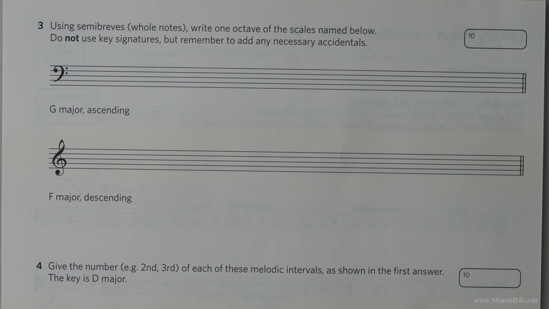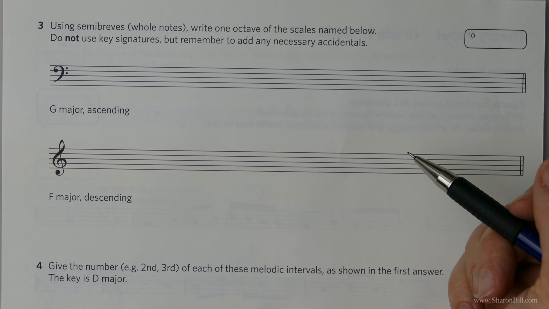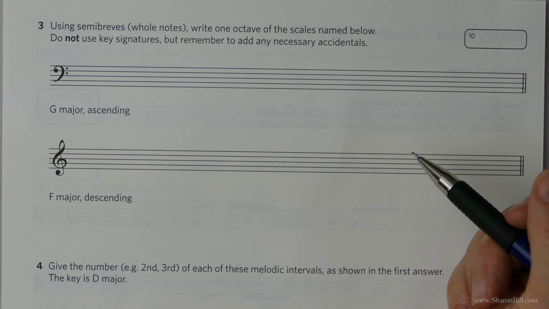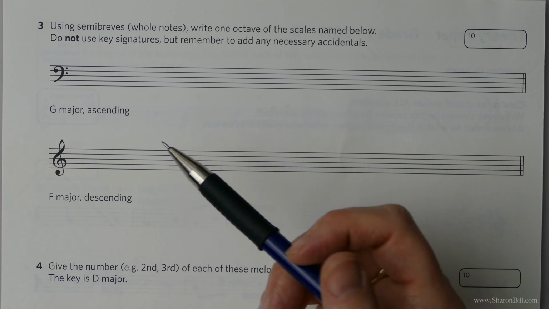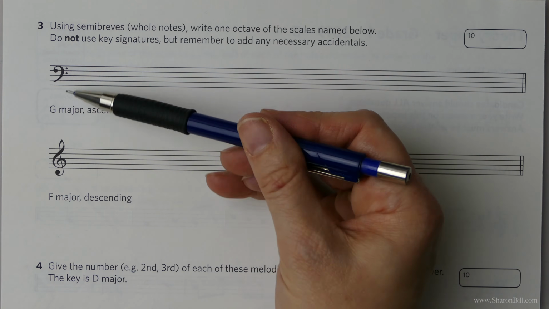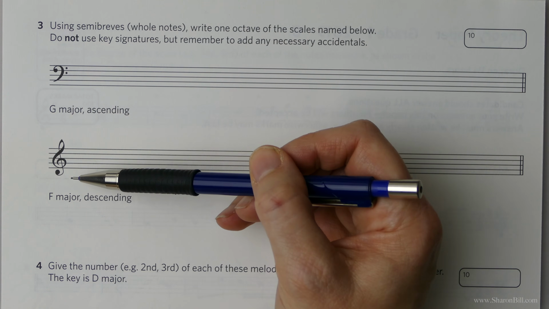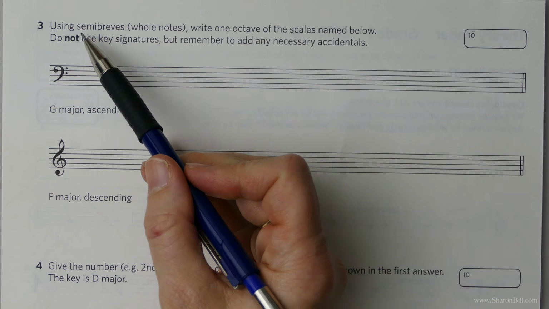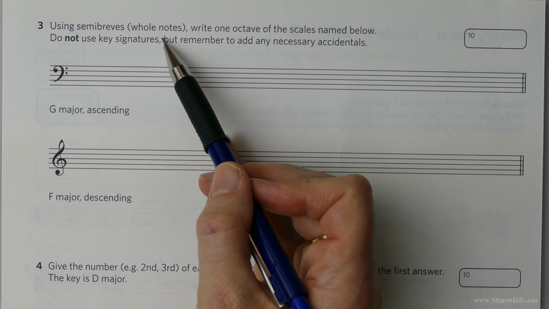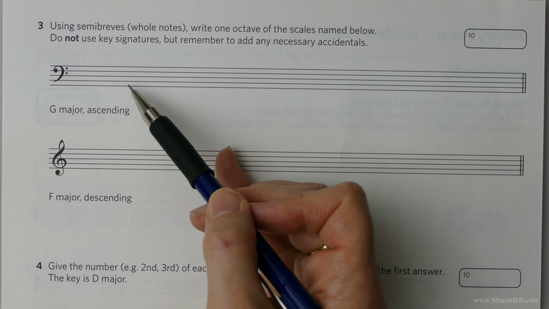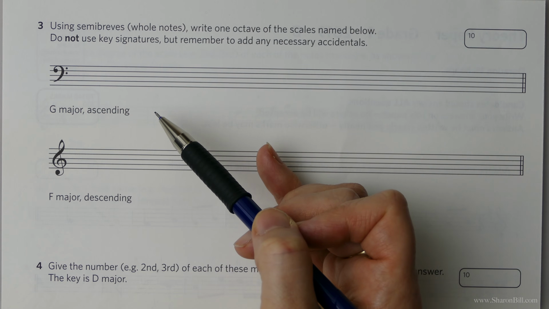It's important that you know your key signatures, and then read the question to see whether they want key signatures or accidentals. Also watch out and be careful that you begin on the right note for the appropriate clef. Here we're asked to write using semibreves or whole notes, so we don't have to worry about which way the stems go.